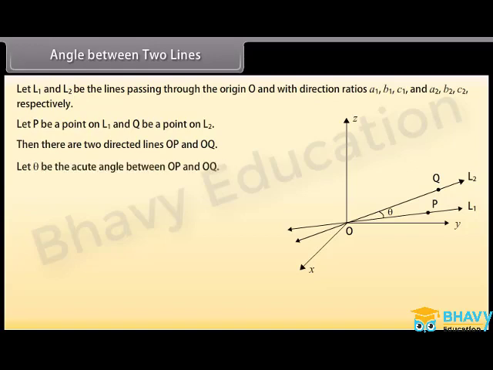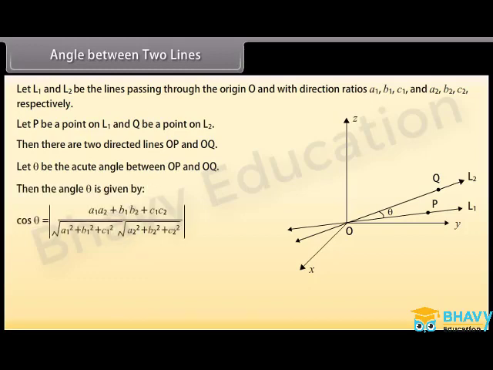Let theta be the acute angle between OP and OQ. Then the angle theta is given by cos theta equals modulus of A1 A2 plus B1 B2 plus C1 C2 divided by square root of A1 square plus B1 square plus C1 square into square root of A2 square plus B2 square plus C2 square.